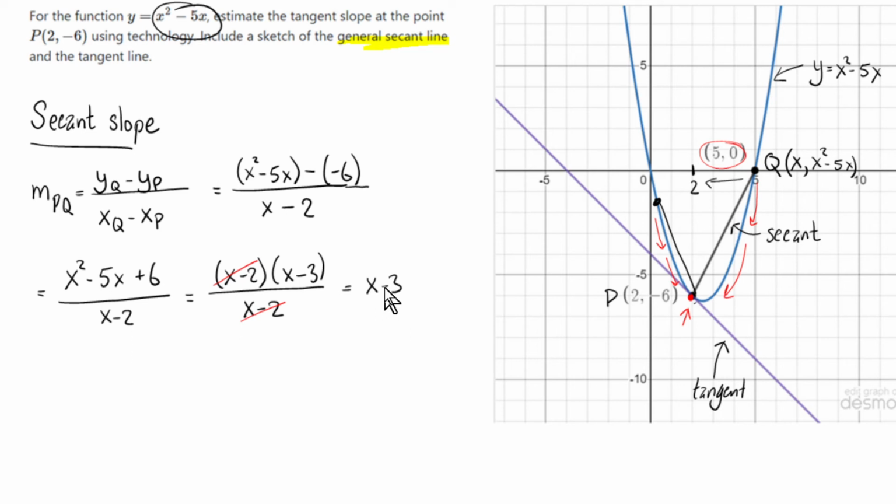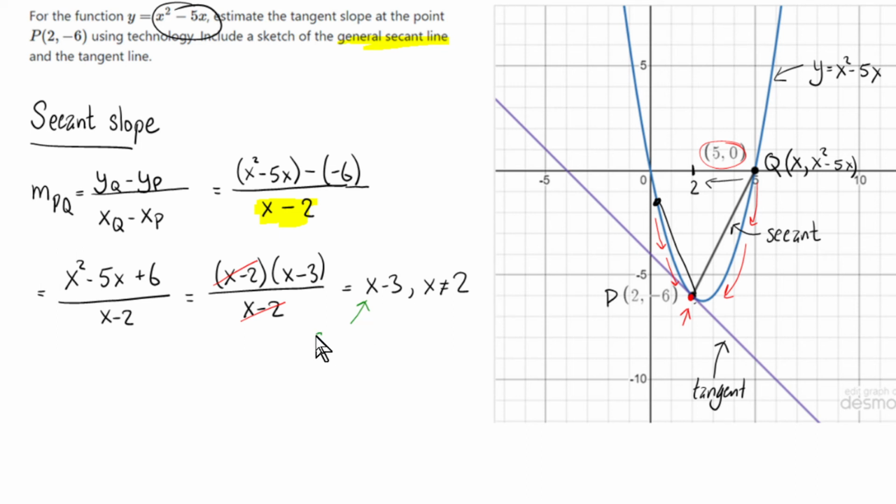We will have some restrictions here. Specifically, x cannot equal 2 because of the denominator of this rational expression. So this expression right here is a simplified expression for the slope of the secant, or specifically for the slope of the general secant.